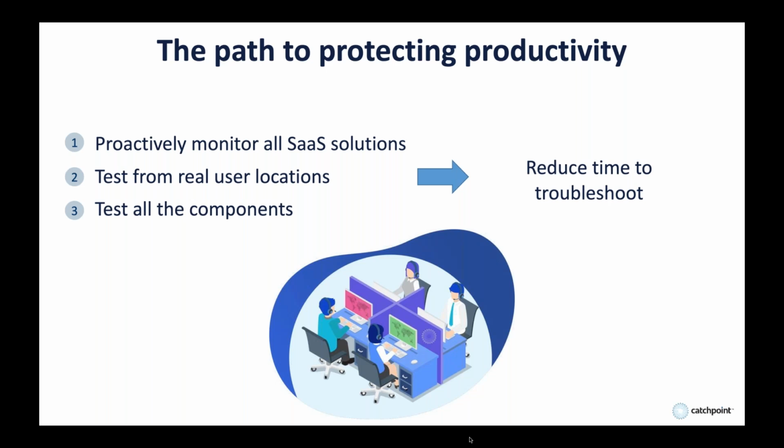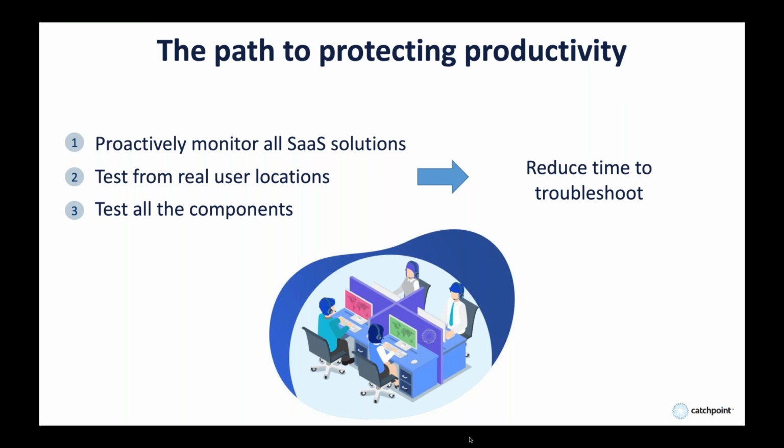So this is the path that we've seen work a lot for companies that have deployed SaaS monitoring solutions to reduce that time to troubleshoot. Very similar to a typical operations shop, we talk about mean time to repair. Mean time to repair is driven by detection, identification, escalation, and fixing. With a SaaS provider, there is not much fixing we can do.